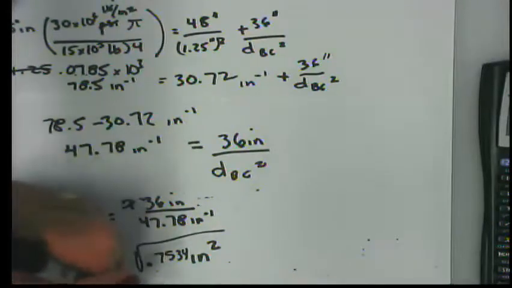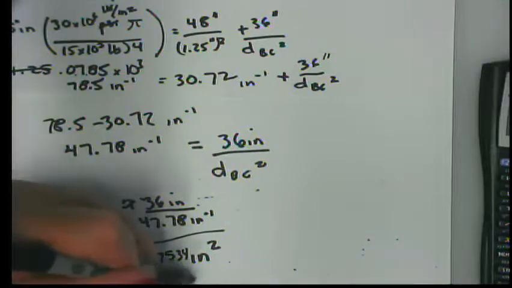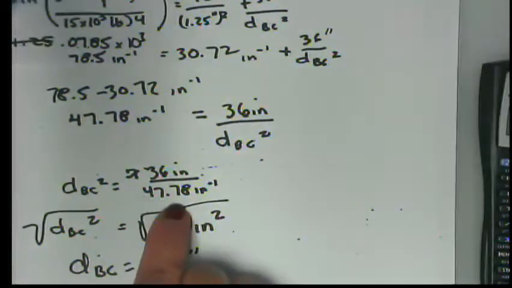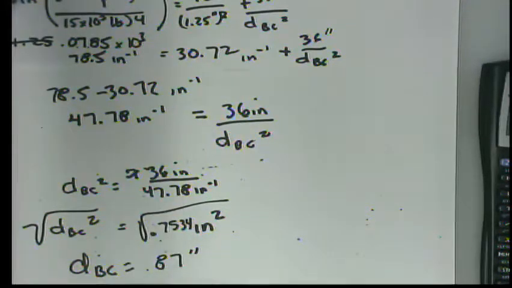That value is 0.87 inches, so the diameter over here is 0.87 inches. You mean the units? Is that what you're talking about canceling out? Well, it was squared. Yeah, so I took the square root of this side, and I took the square root of that side, and the square root of the units. Good? All right, good deal.